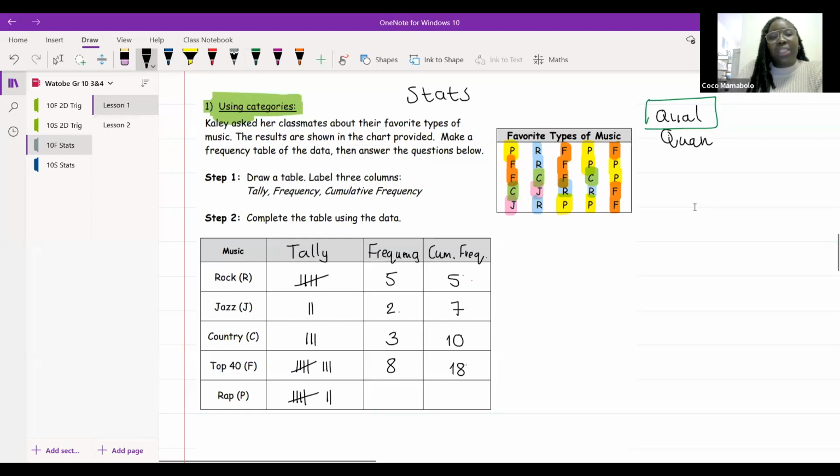Okay, so all we did is we added one from the other. We know that the cumulative frequency from rock was 5, and then 5 plus 2 gave us 7, 7 plus 3 gave us 10, 10 plus 8 gave us 18, right? And how many kids like rap?